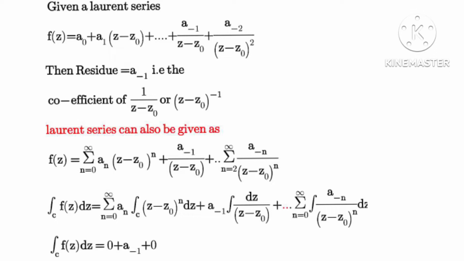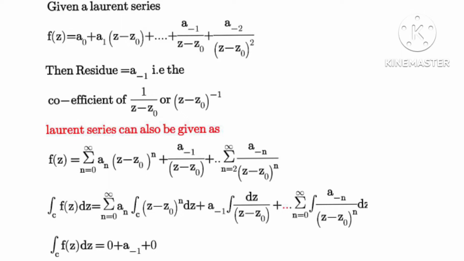Then when we integrate all the sides with respect to z, we have our integral to be the sum of an integral of z minus z naught all raised to power n dz. Then we bring out the a minus 1. So we take the integral of dz over z minus z naught plus dot dot dot sum of n equals to 0.